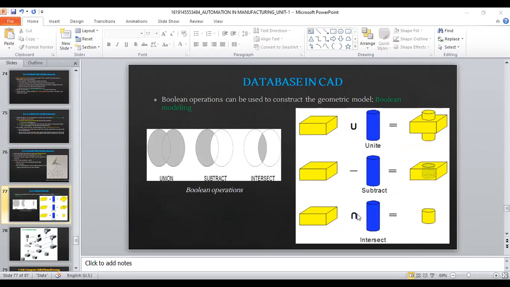So the interference part will come under intersection, right? So that which was removed there is now the only thing kept here, because that is what is common to both of these, right? Is it clear regarding the Boolean operations? Clear. Okay.